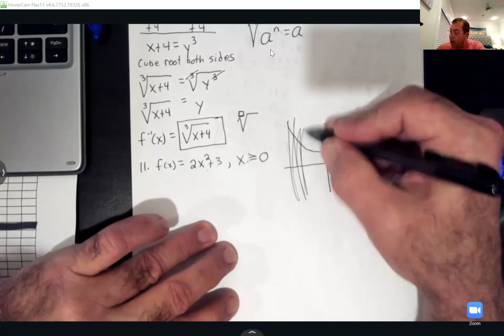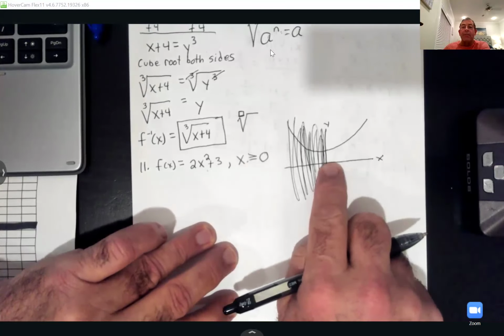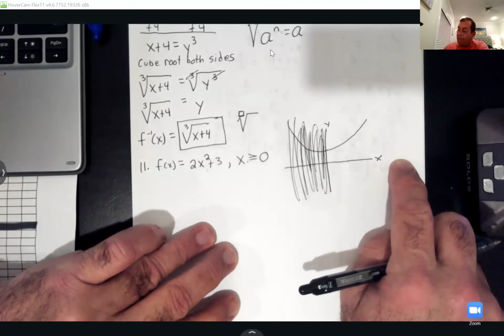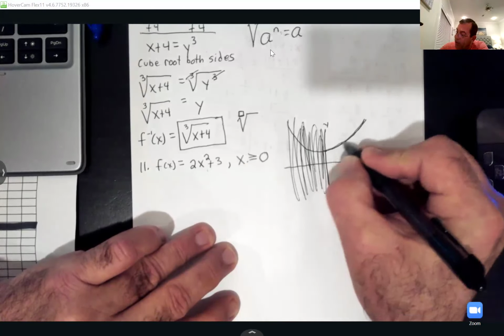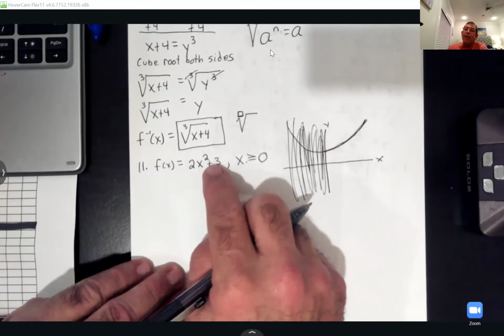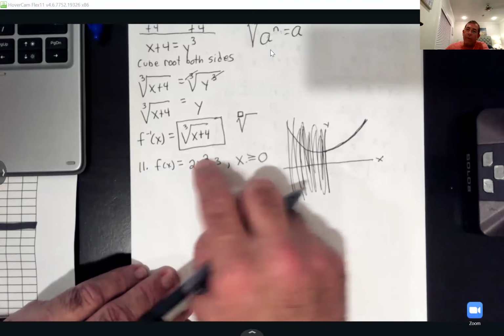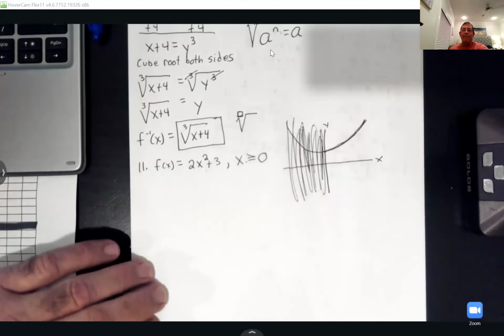So they're getting rid of this side of the graph. They're only looking at the x's from 0 to infinity, which means that this one little part of the graph, if I restrict it, is one-to-one. So that's how they can make a function that's not one-to-one, one-to-one, if they want to use this part, okay?